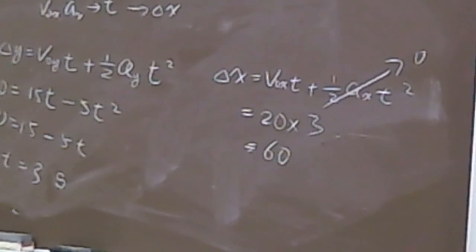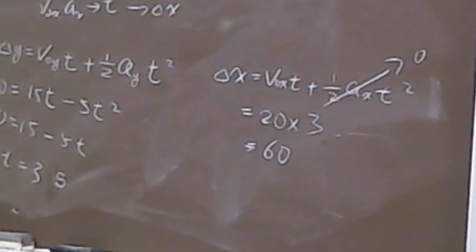Okay? 60 meters. So in fact, you can see this one will exactly reach the initial point of the person, if the person is not running.